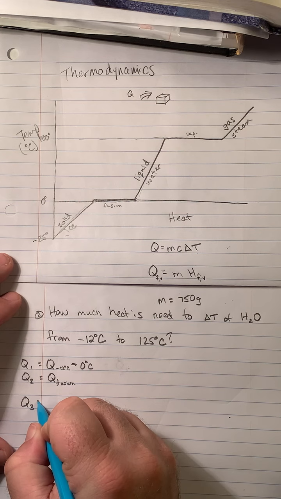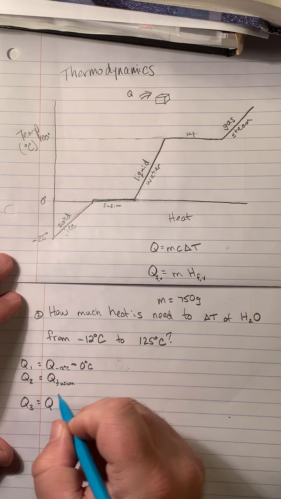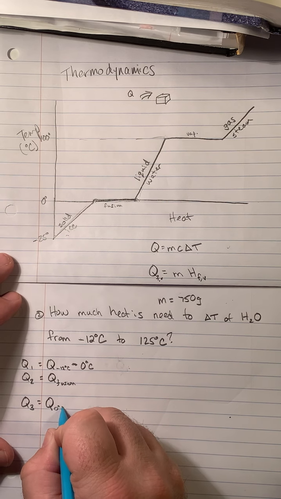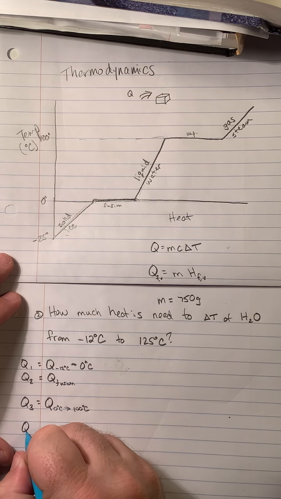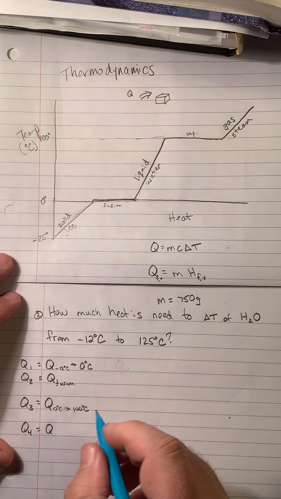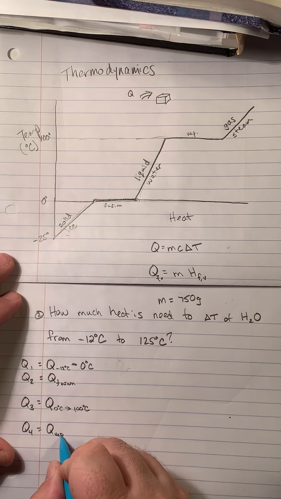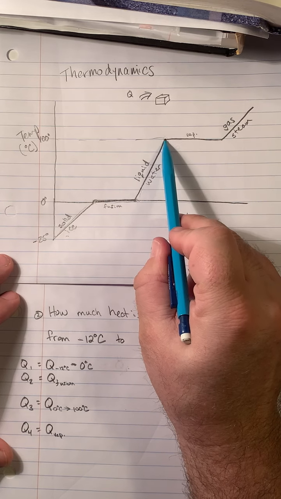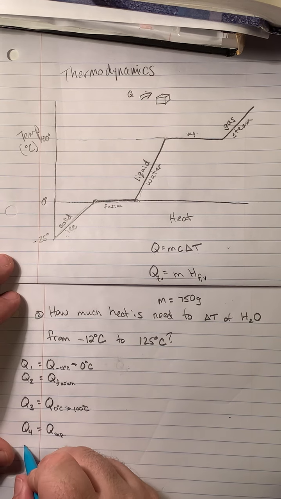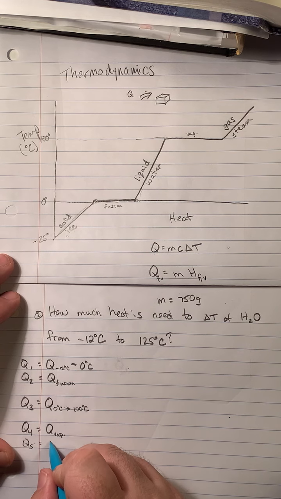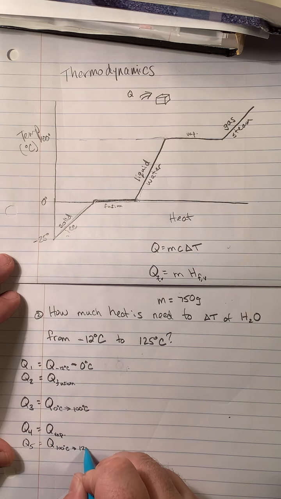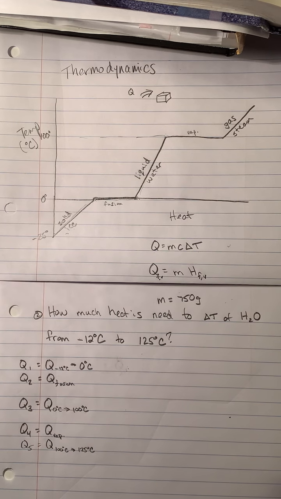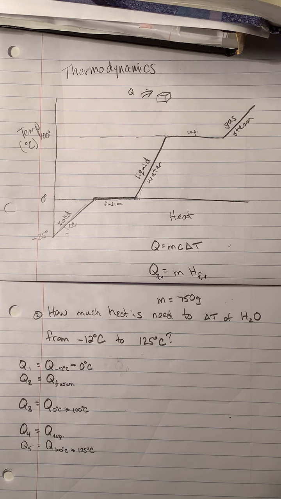Next, Q3 would be how much heat is needed to go from 0 degrees Celsius to 100 degrees Celsius. Q4, how much heat is needed for vaporization? Meaning, how much heat is needed to go from here to here to complete that phase change. And then Q5 is going to be the amount of heat needed to go from 100 degrees to 125 degrees. And then the total amount of heat would be my total answer.